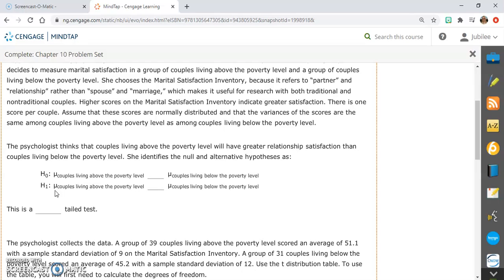So for my alternative hypothesis, I'm doing the greater than sign. And then the null is easy because it's the opposite. It's less than or equal to. I know that this is a one-tailed test because I'm predicting a direction.